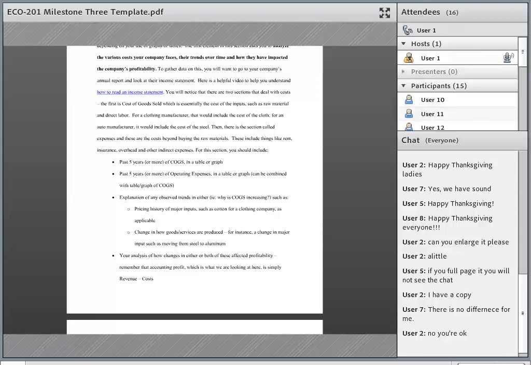But cost of goods sold is going to capture things like the steel that's used to make the car, or the fabric that's used to make the clothing. Operating expenses would be things like opening a new retail location, and maybe research and development, or salaries of the administrative staff and management employees.